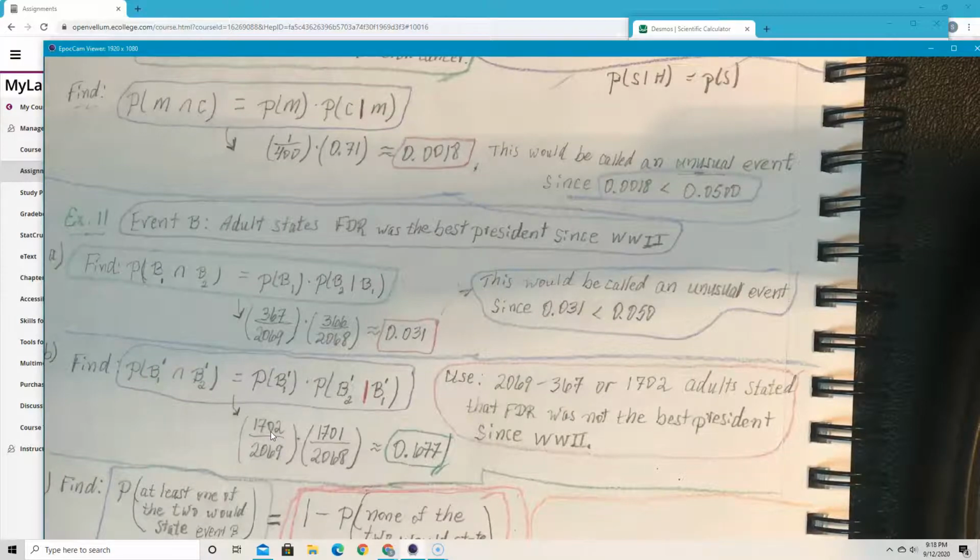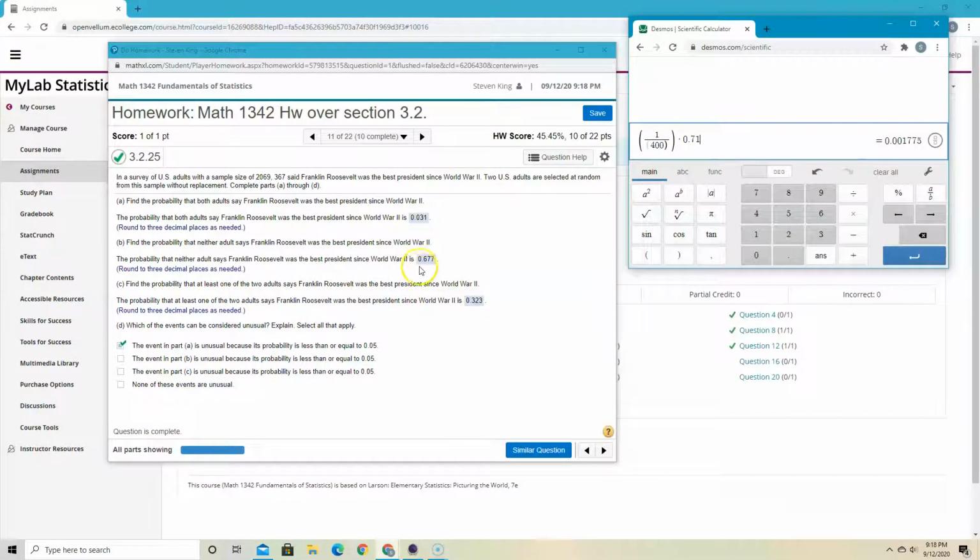So now there's only 1,701 adults left that would say FDR was not the best president out of now not 2,069 people, but 2,068. And now we multiply these together and we get 0.677.